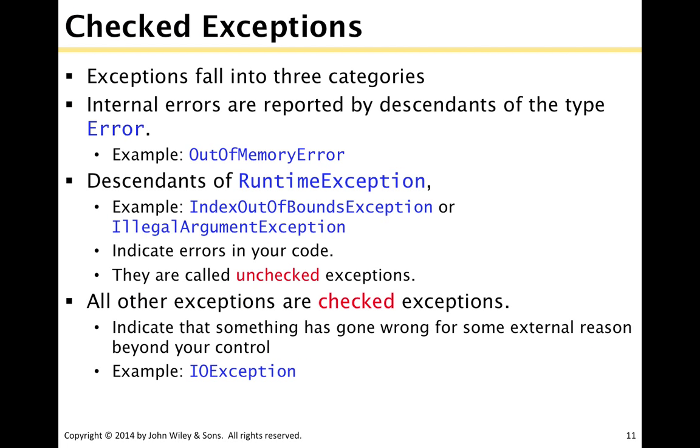The checked exception indicates that something has gone wrong for some external reason beyond your control. So what it means is that your program is logically correct, but the external situation does not cooperate with your program. That's the meaning of a checked exception. One example is IO exception.